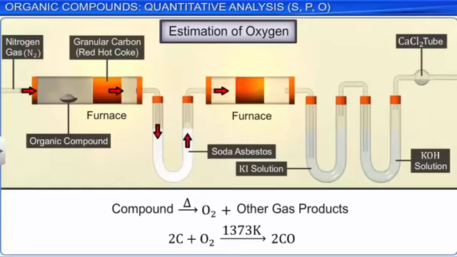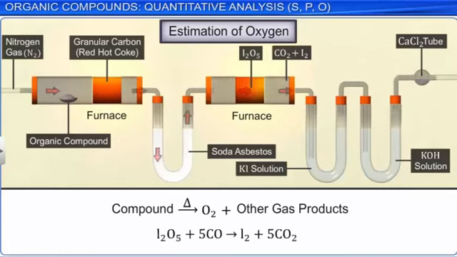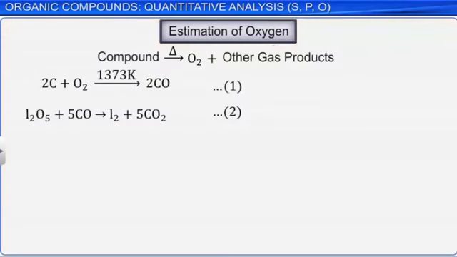This gaseous mixture is passed through warm iodine pentoxide when carbon monoxide is oxidized to carbon dioxide, producing iodine. This reaction may be represented as shown here. To make the amount of carbon monoxide produced in the first equation equal to the amount of carbon monoxide used in the second equation, multiply the first and second equation with 5 and 2 respectively.